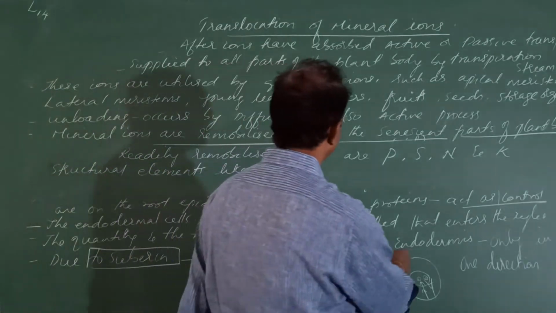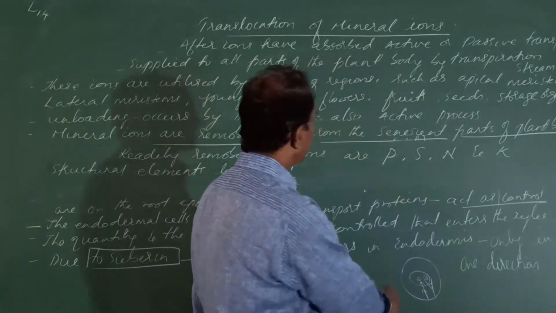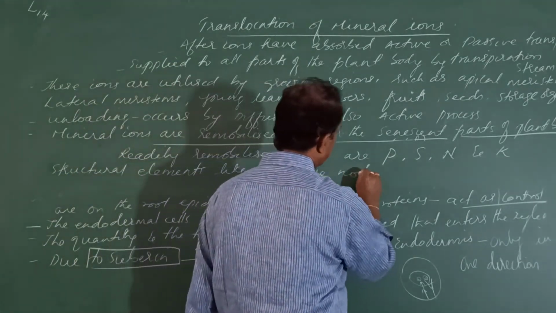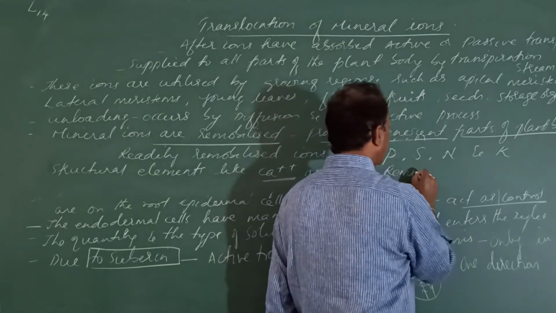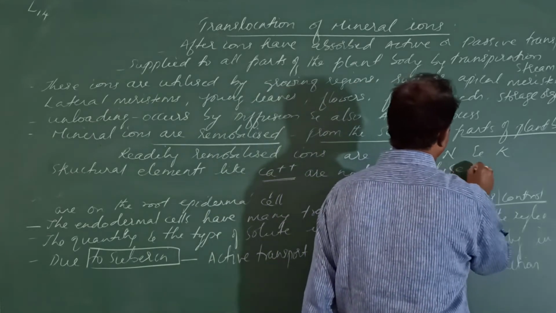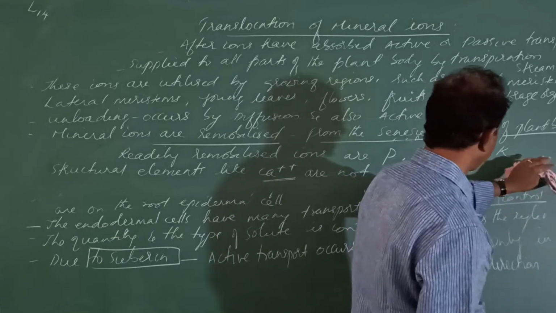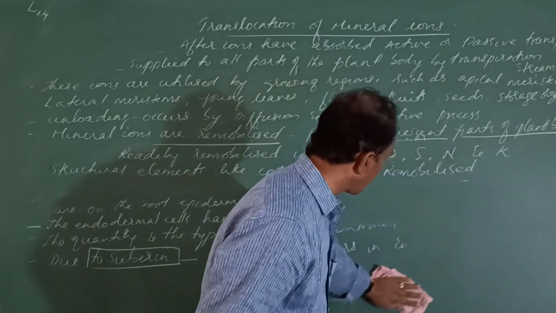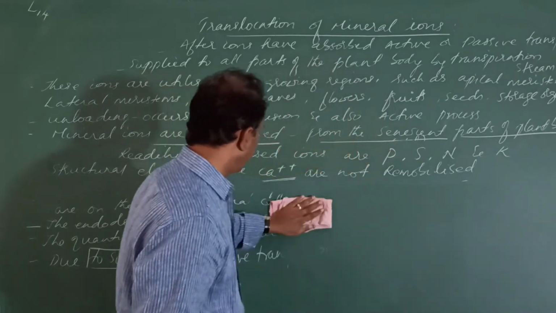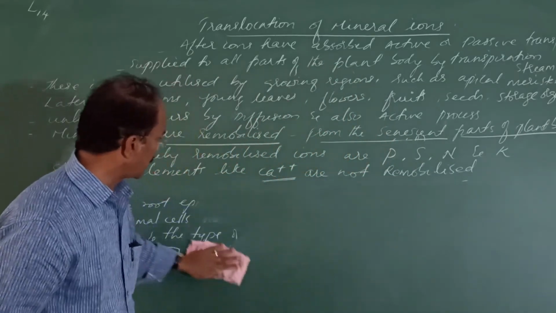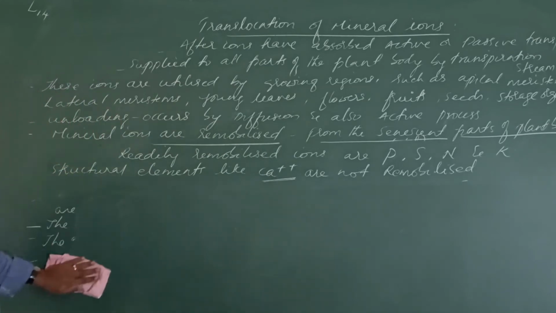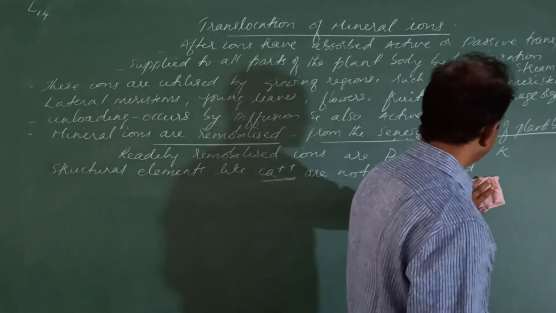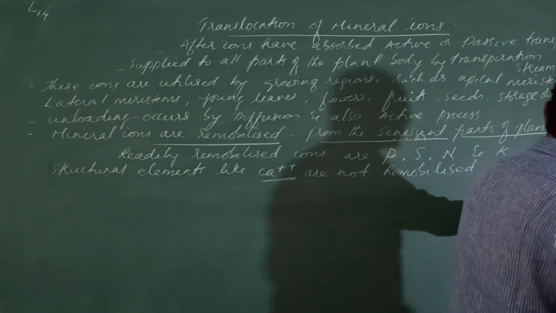So the structural elements like calcium are not remobilized. So the readily mobilized elements are phosphorus, sulfur, nitrogen and potassium. The structural elements like calcium, calcium is also present in the cell walls, no? They cannot be remobilized.